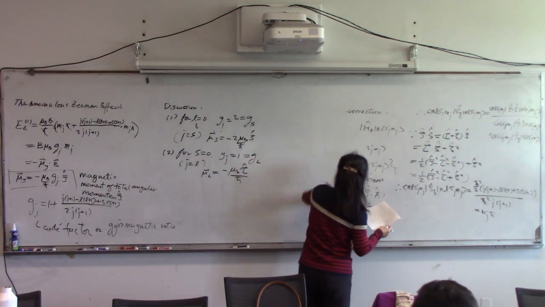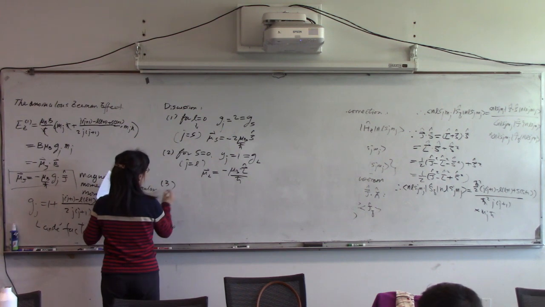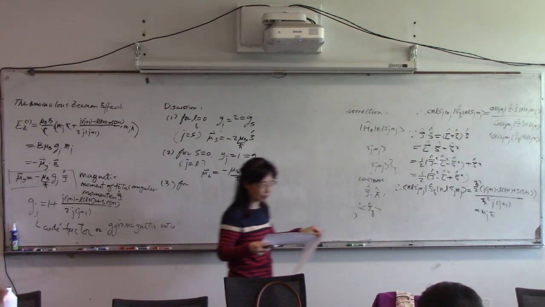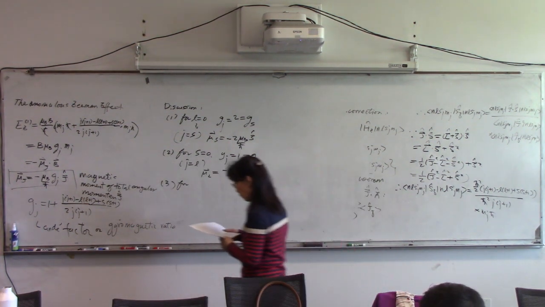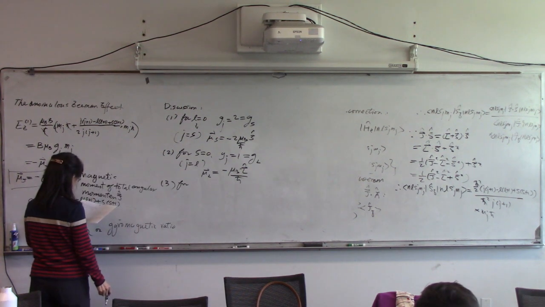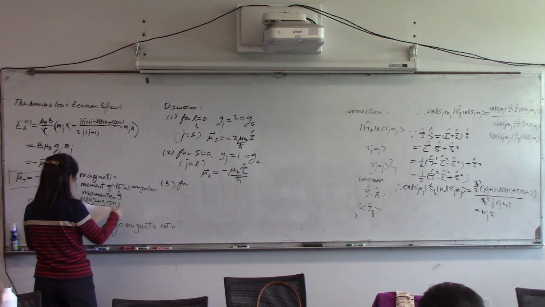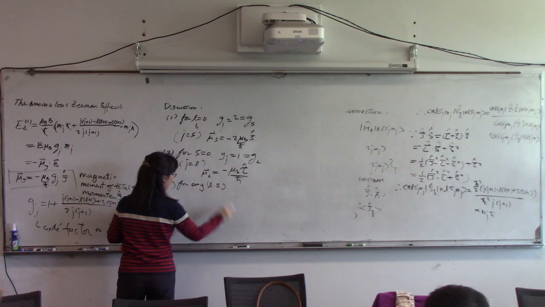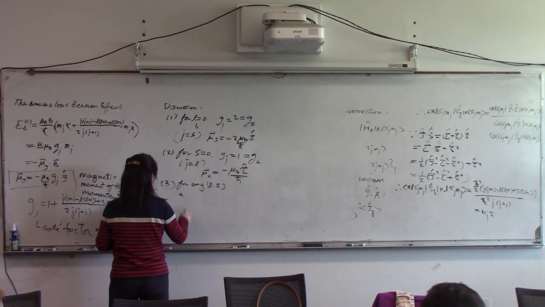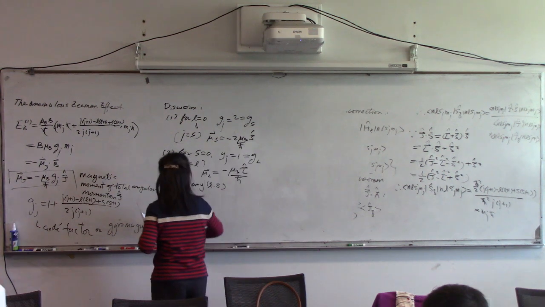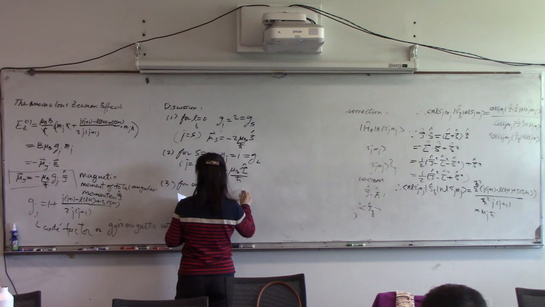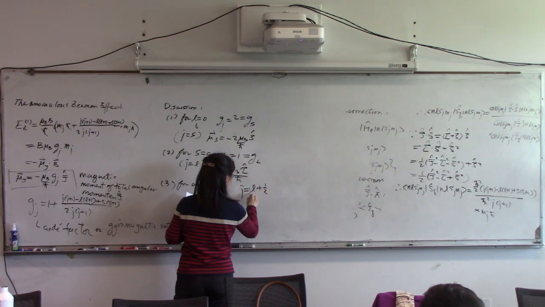That is another limit. Then now we consider the general case, for any arbitrary L and S, so any states. Now we are going to see. For this case, we know J has two values, right? J equal to L plus half or L minus half.